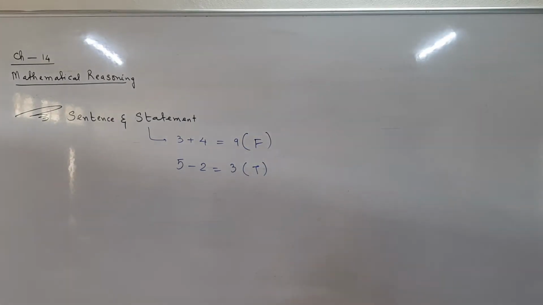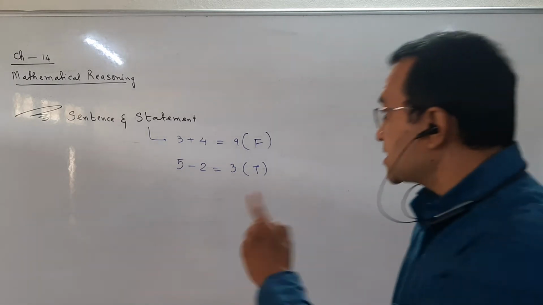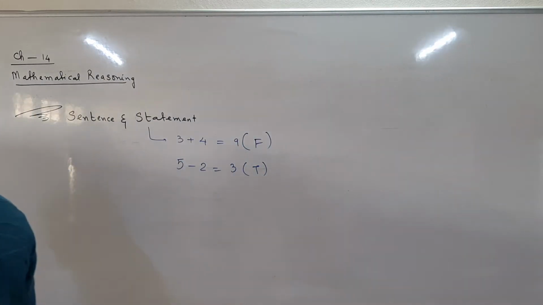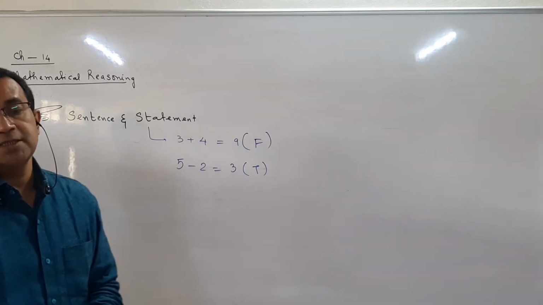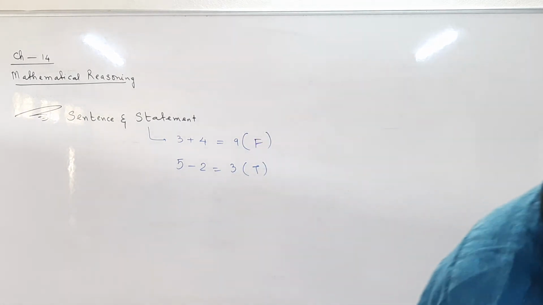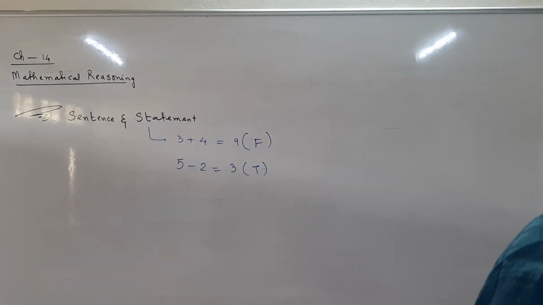So, a mathematically acceptable statement is either true or false, but not both at a time. Then students, few more we will consider.